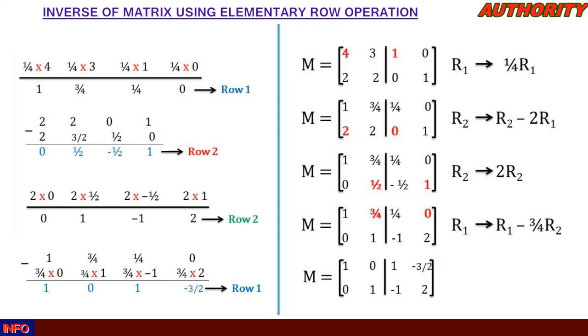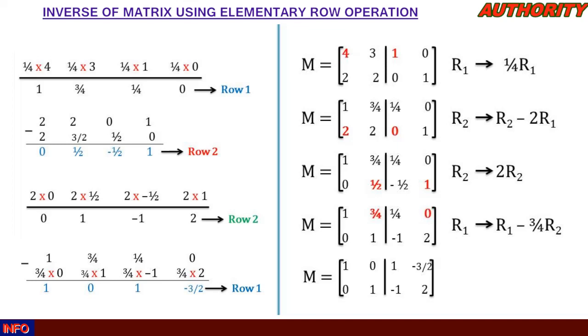So 1 multiplied by 3 all over 4 is going to give you 3 all over 4. Now row 1 minus this row 2 times 3 all over 4. So that means we're going to have 3 all over 4 minus 3 all over 4, which is equal to 0. Okay, yes. Now let's go again. We have minus 1.